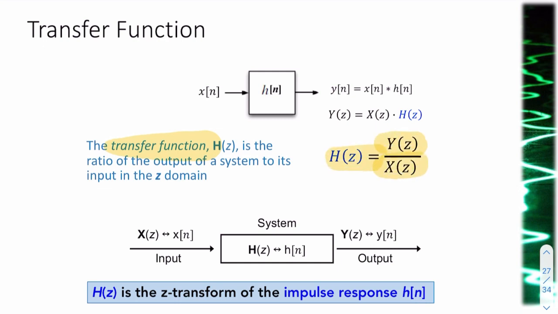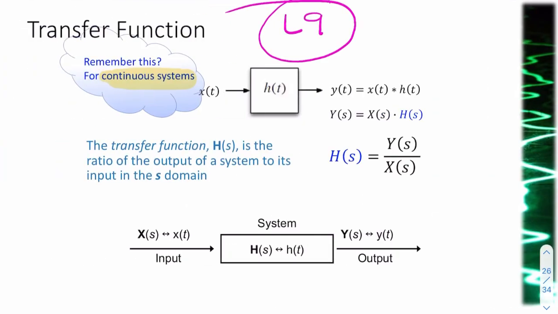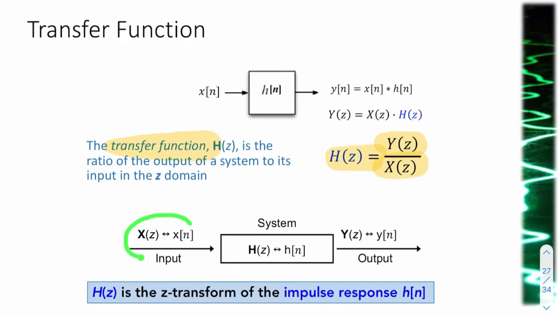What we've done is replaced discrete time convolution with multiplication. So just as the continuous time system would have x of t and x of s, y of t, y of s, h of t, h of s, here we have the same in n and z. So h of z is a z-transform of the impulse response.